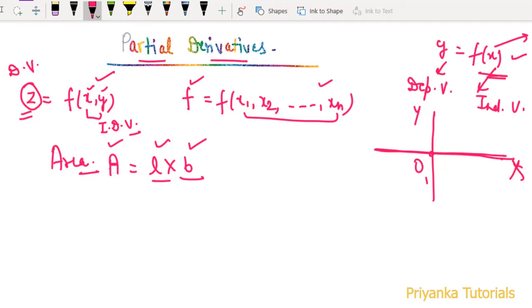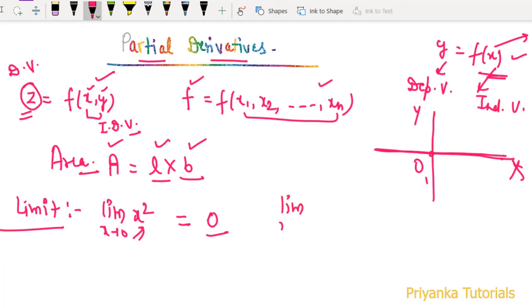Next, before starting partial derivatives, let me introduce one topic: limit. It's important because you will use it in derivatives also. Limit in one variable, you know how to calculate. Suppose I ask you for the limit of x square. Then you substitute x equal to 0 here and it's 0. But what if I ask you the limit as (x, y) tends to (0, 0) of xy upon x square plus y square?